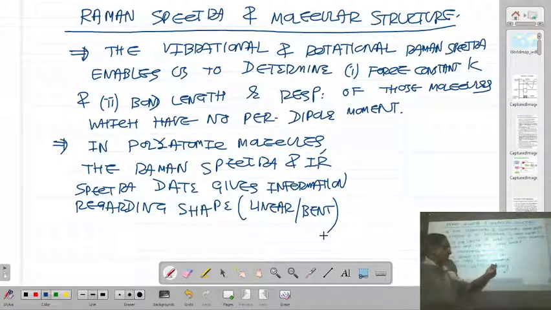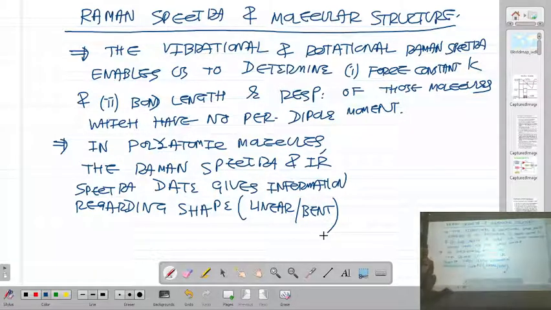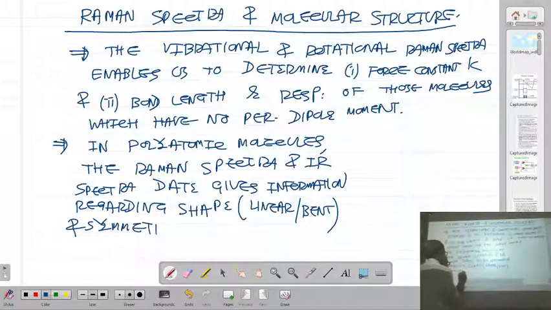The shape of the molecule may be linear or bent, and that can be determined from the study of Raman spectra. In polyatomic molecules, this is a subject of research. The Raman spectra and infrared spectra data will give information regarding the shape and symmetry of molecules.